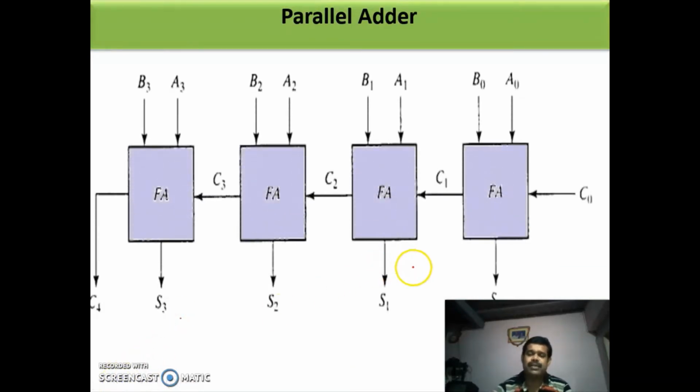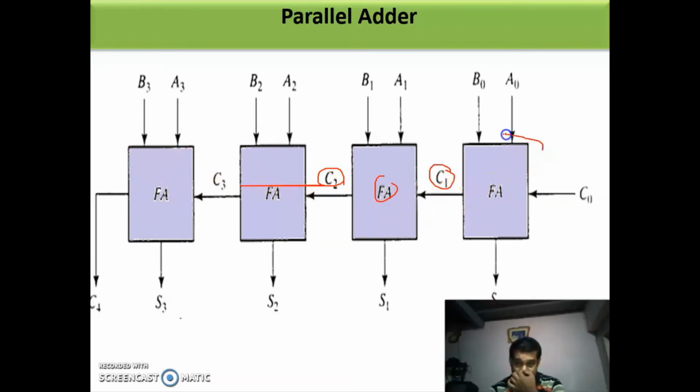So this is the circuit of a 4-bit parallel adder. Here you are having 4 full adders connected in parallel. The carry output of the first full adder is connected to the carry input of the second, the carry output of the second is connected to the carry input of the third, and similarly the carry output of the third is connected to the carry input of the fourth.